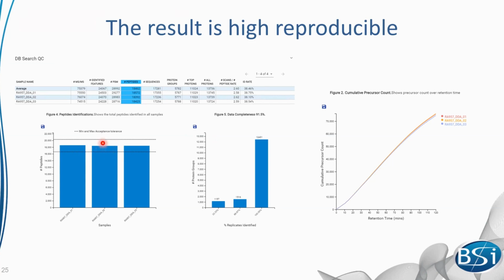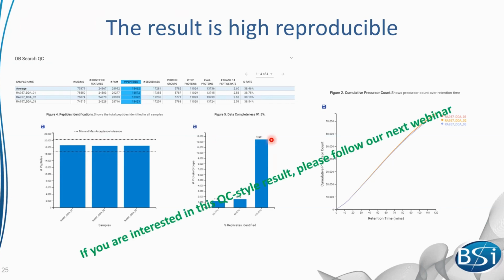We can see the ID number, and around 91% of the peptides could be found in all replicates. If you are interested in this QC-style result, please join our next webinar, where we will introduce our QC functions in Pix11.